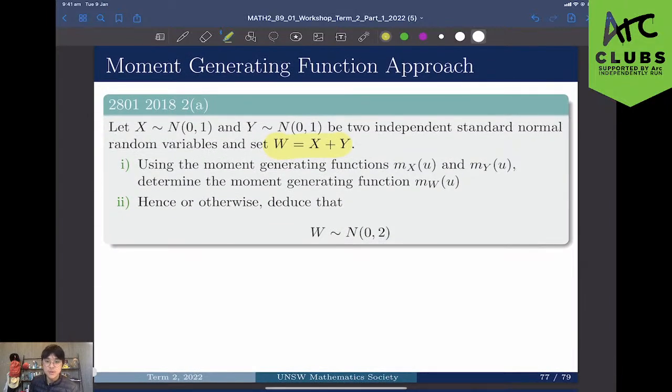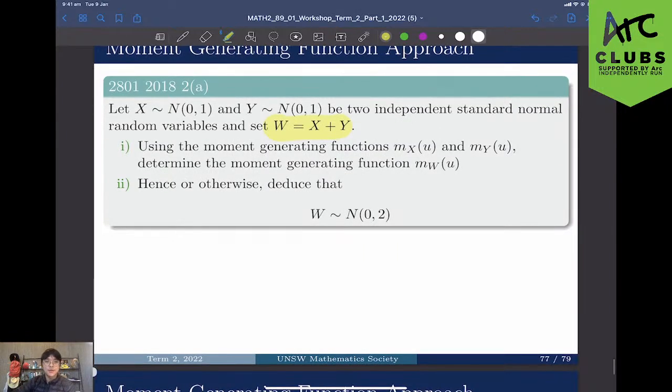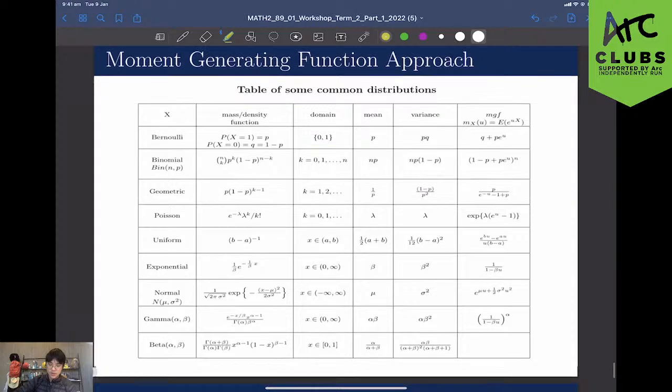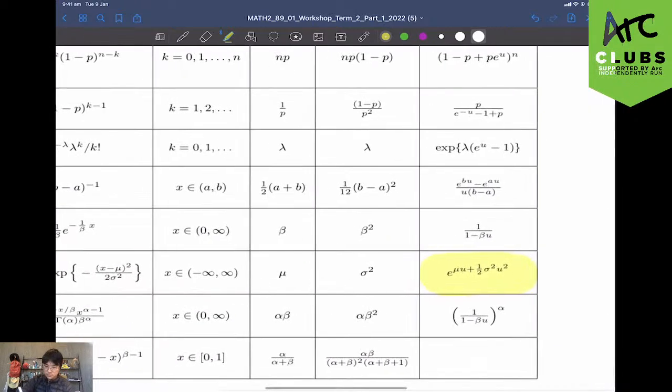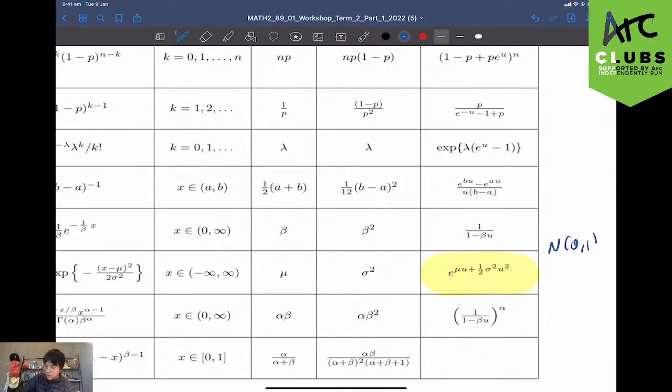And using the MGFs of x and y, determine the MGF of w, which is x plus y. We're given that x is distributed N(0,1). So what we do here is look at the formula sheet that we're given. For exams, you can go ahead and look at these distributions. For the normal distribution, we'll find that the MGF of a normal distribution is here. For N(0,1), the mean is 0 and the variance is 1.